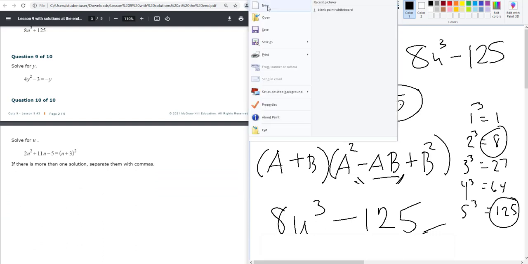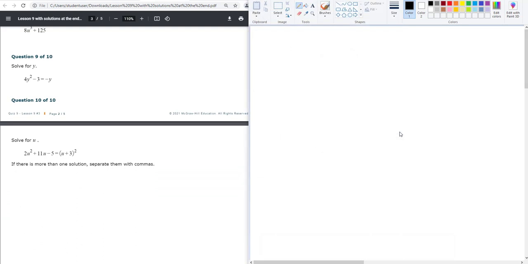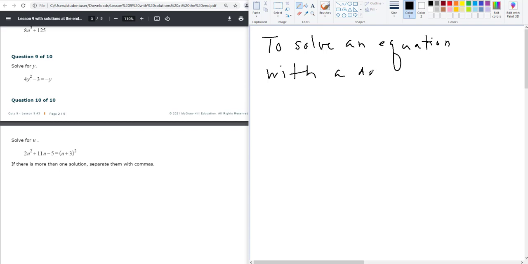Now, the last two are equations, and we've done some equations before, and we know that to solve an equation with a degree, that's the highest exponent, that's bigger than 1, step 1, we set it equal to 0.